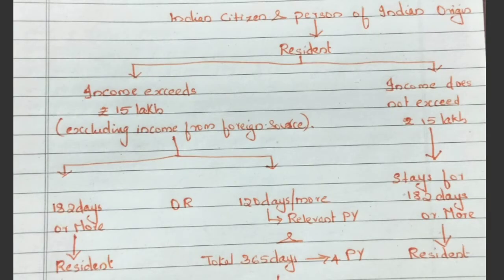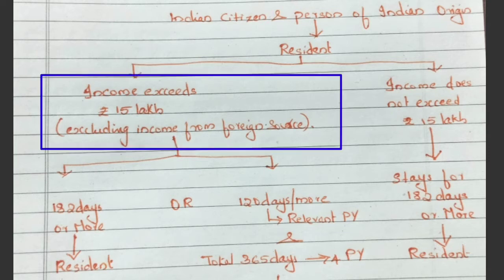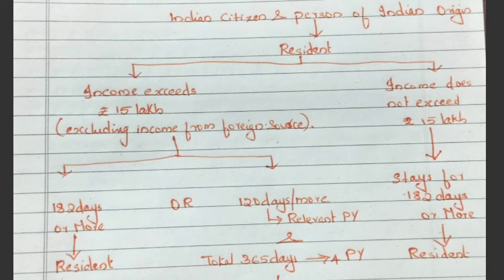So it means that in case of an Indian citizen or a person of Indian origin, first we can divide it into two. Persons whose total income excluding the income from foreign source exceeds rupees 15 lakh during the previous year as one category, and Indian citizens or persons of Indian origin whose total income does not exceed rupees 15 lakh as another category.